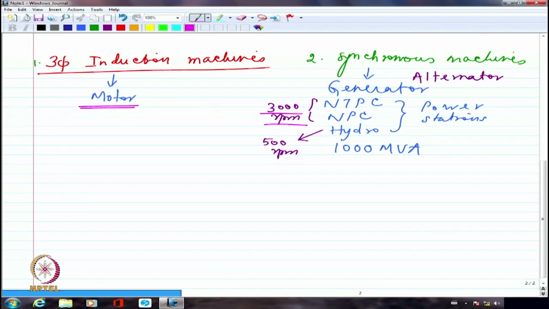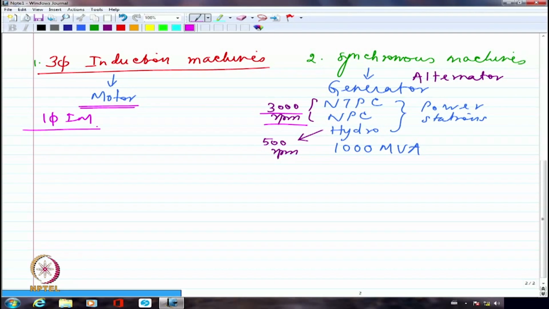And the name three-phase is because you give a three-phase supply. There is also the single-phase induction motor, clearly. So let me at least make a passing mention about the single-phase induction motor, if we don't have the time to deal with it in detail. The single-phase induction motor is the most used in drives at home.